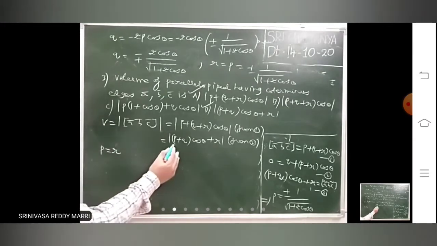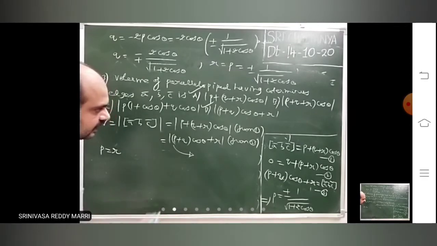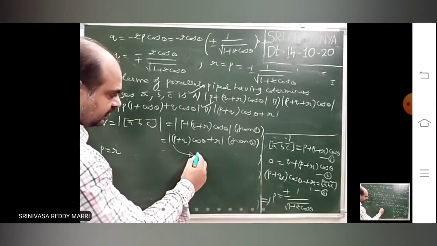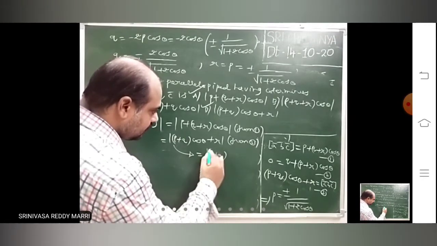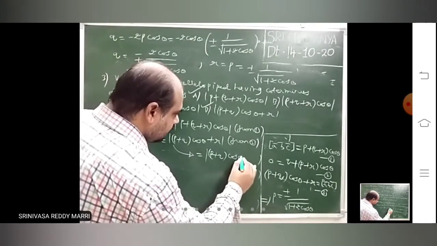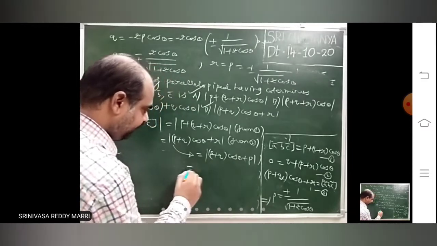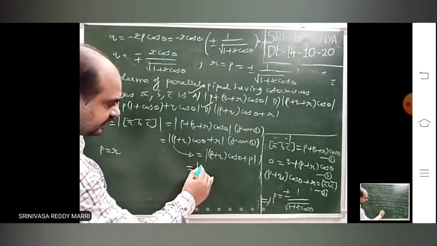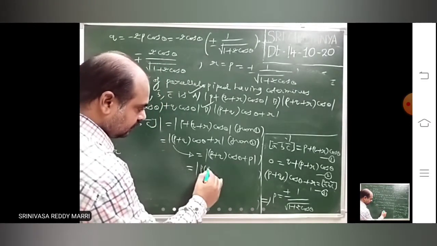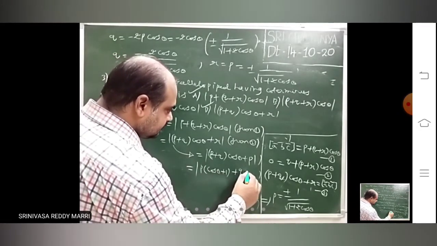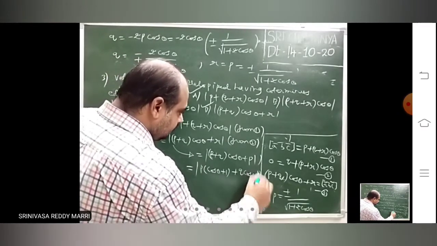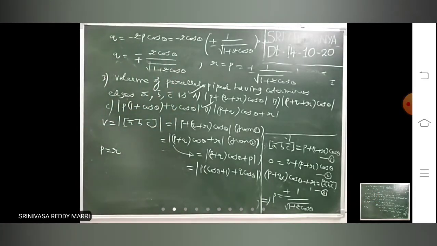Now in the answer, you substitute R equal to P. That means what you will get, P into cos theta plus 1 plus Q into cos theta.